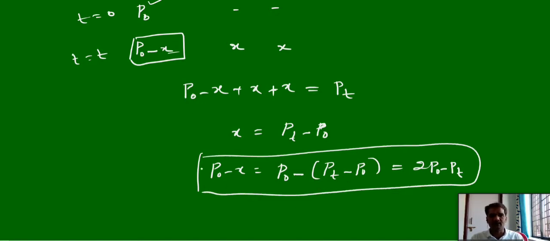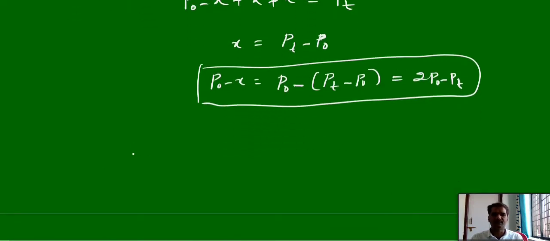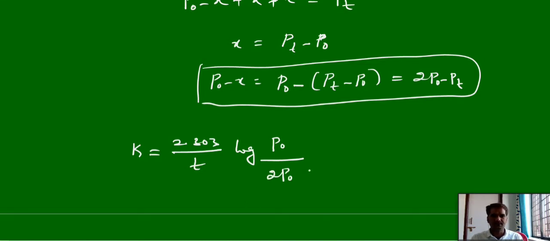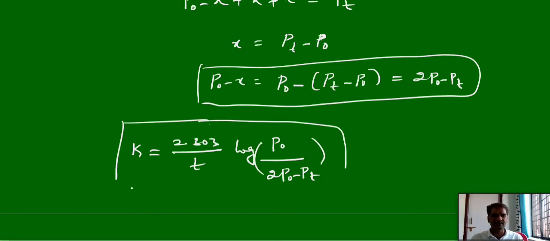Now substitute this P naught value and P naught minus X value in the regular integrated rate equation for first order. Then k is equal to 2.303 by t log, where the initial concentration means your pressure P naught and the pressure at a time t is 2 P naught minus Pt. And this is the integrated rate equation when the initial pressure and total pressure of the reaction at a time t is given.